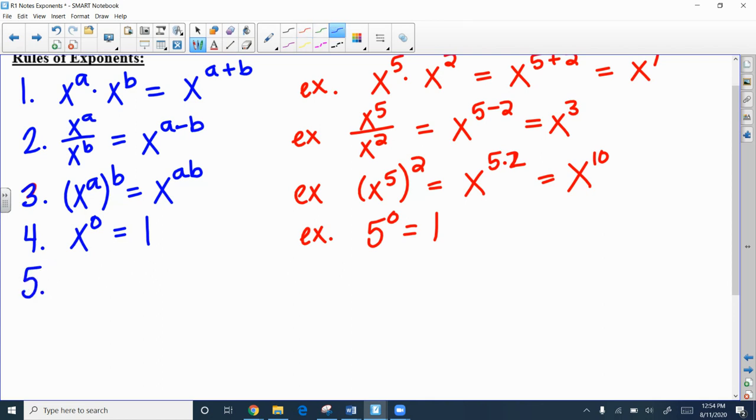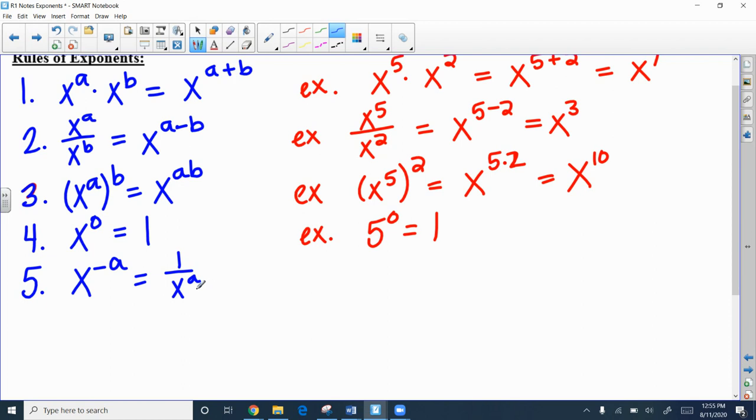All right, rule number 5 is if we have a negative exponent. A lot of people forget what to do if we have a negative exponent. So say we have x to the negative a power. The rule for that is, I say, jump the line and switch the sign. What I mean by that is that this is going to become a fraction. So it's going to move to the bottom of a fraction bar, and we're going to have 1 over x to the a power.